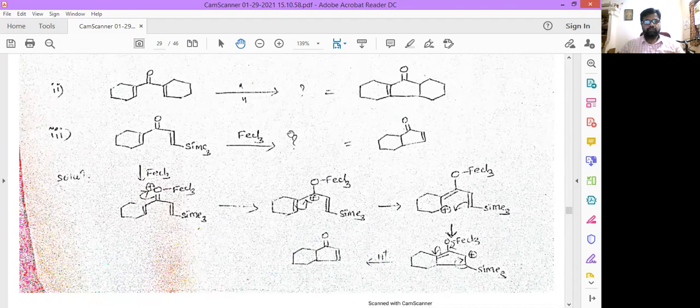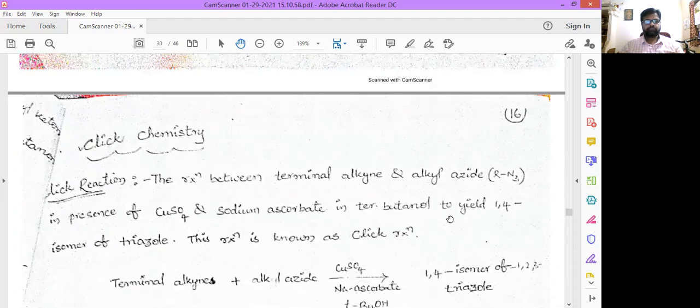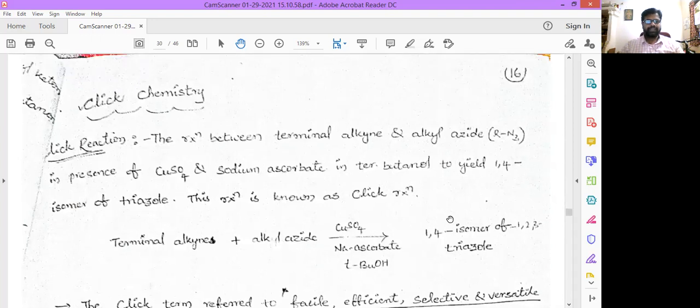The oxygen will bear the FeCl3, so the iron interacts, and automatically the oxygen attached carbon will get the positive charge. Then the reaction starts, and the other double bond interacts with the positively centered carbon to form a carbon-carbon bond. The next topic is click chemistry.